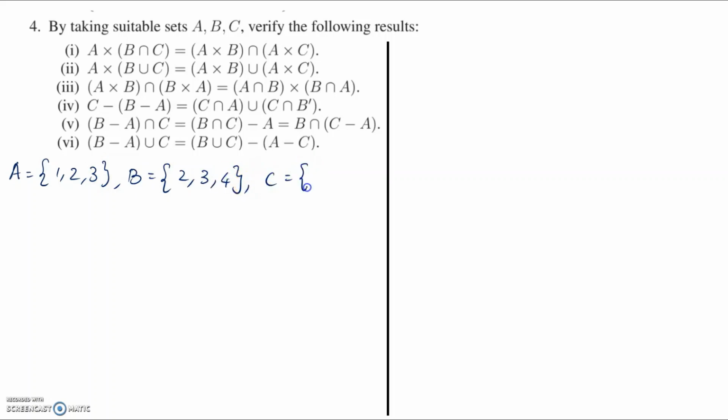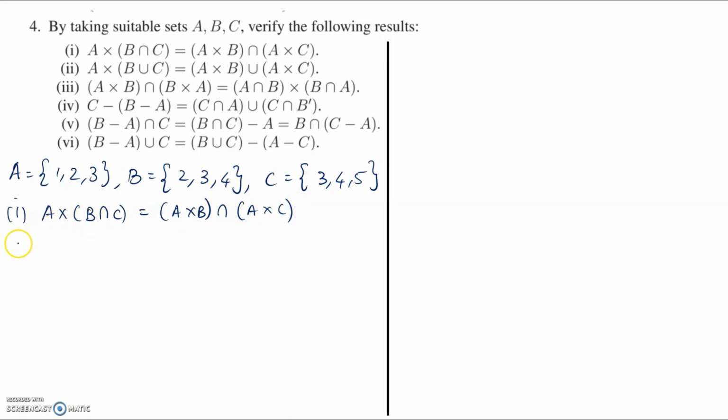And we can set C as {3, 4, 5}. Right. So first, we need to prove that A Cartesian with (B intersection C) is equal to (A Cartesian B) intersection with (A Cartesian C).